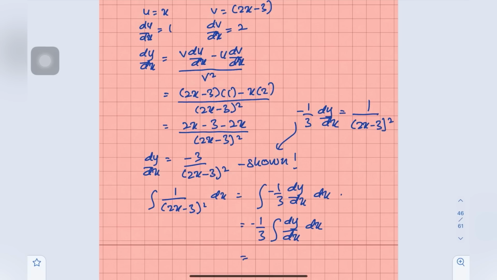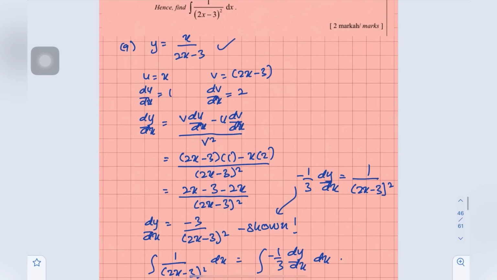Okay, so integrate dy/dx, we will get y. But y here is this one.